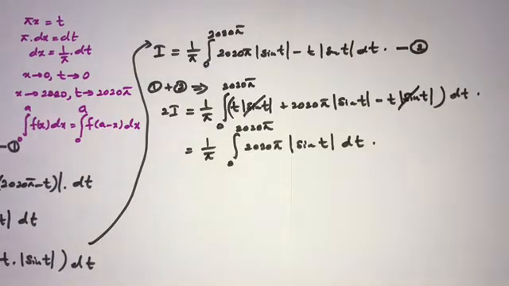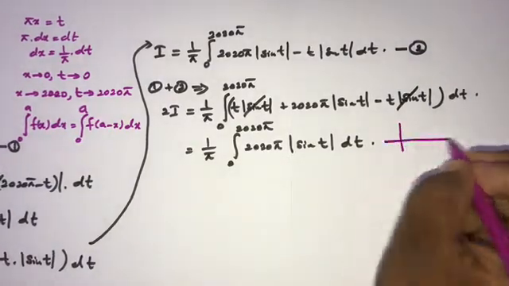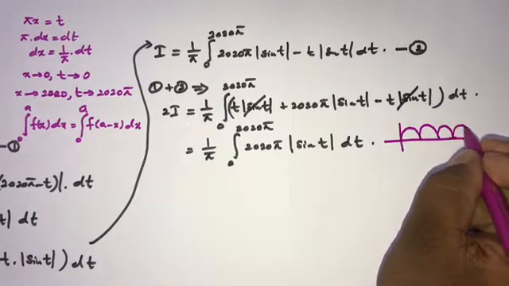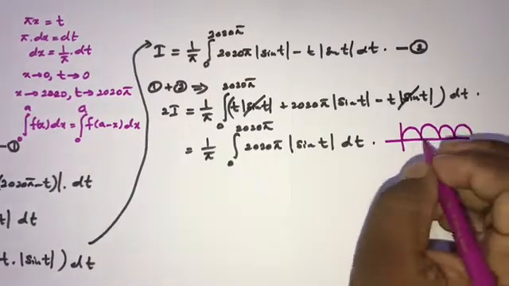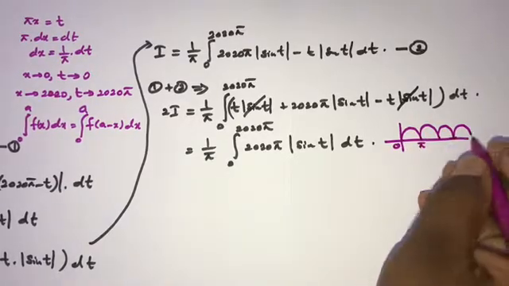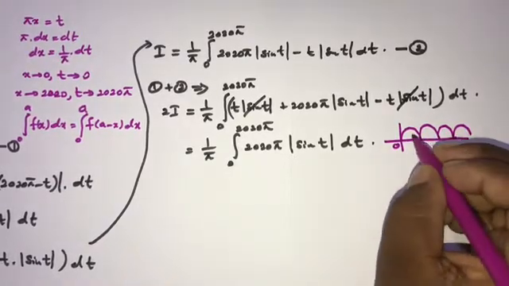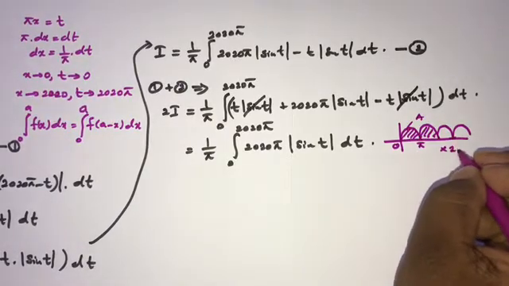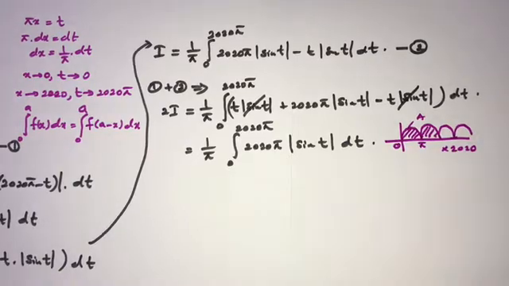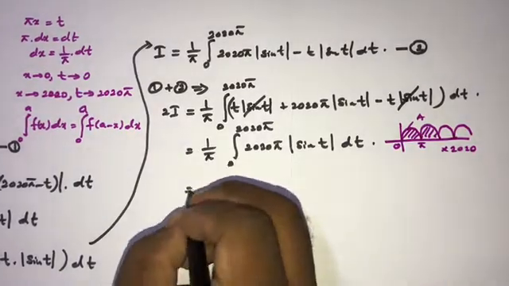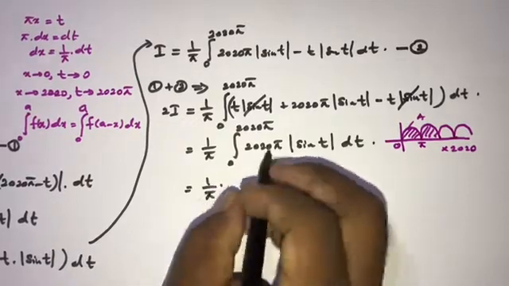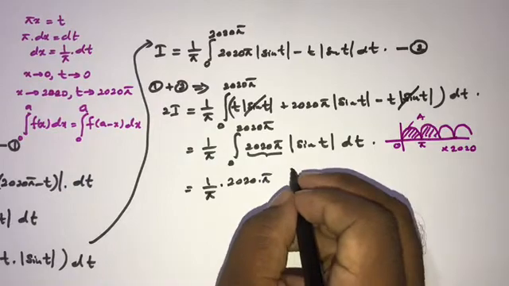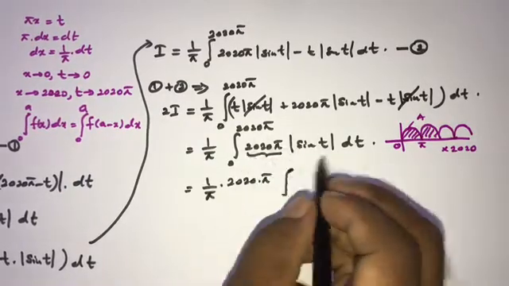So if we take the graph of absolute value of sine of t, we know it looks like this, here 0, pi and so on, and this curve with this area is repeated 2020 times. So we can write here now 1 over pi, now this term 2020 times pi, and here this integral.